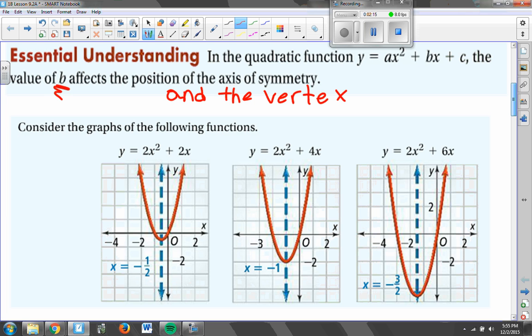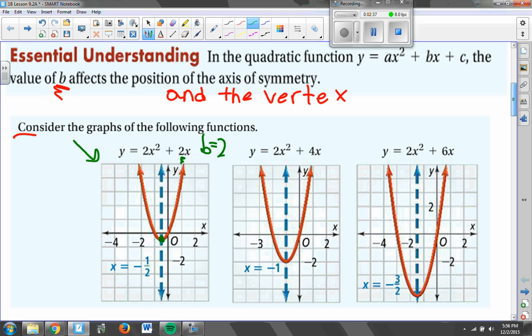All right, let's look at this in action. Consider these graphs. On the far left, we have y equals 2x squared plus 2x, so my b value here is 2. Here's my vertex right there.